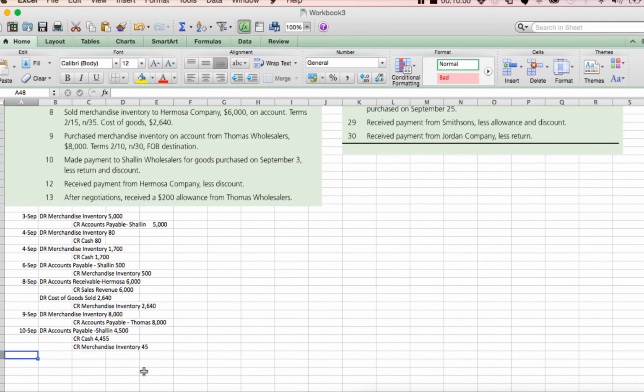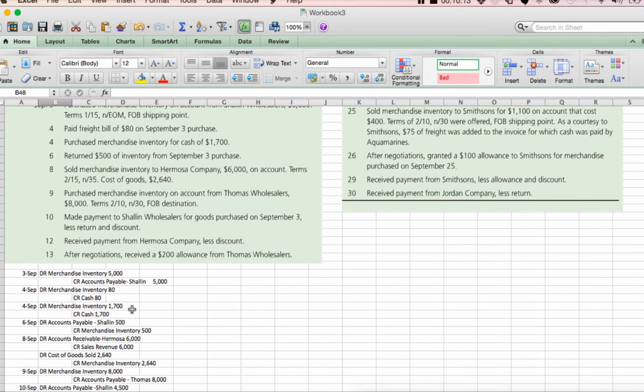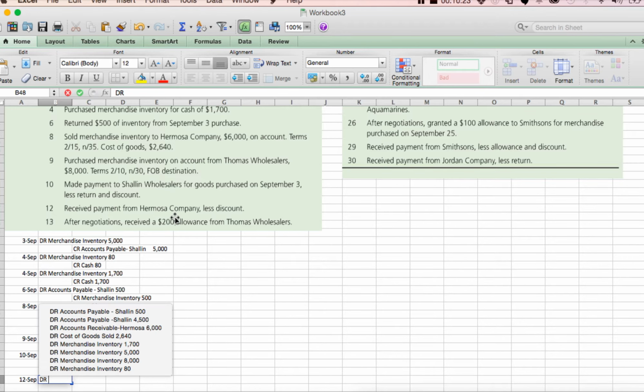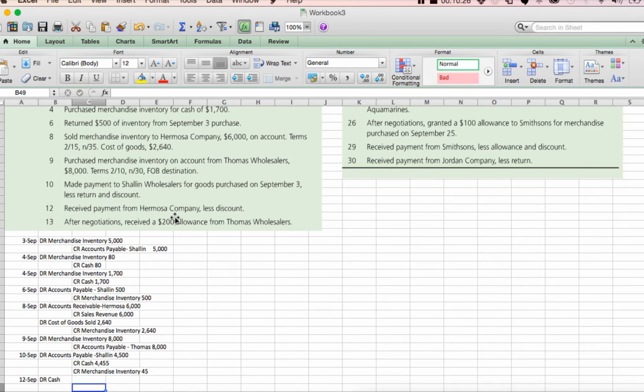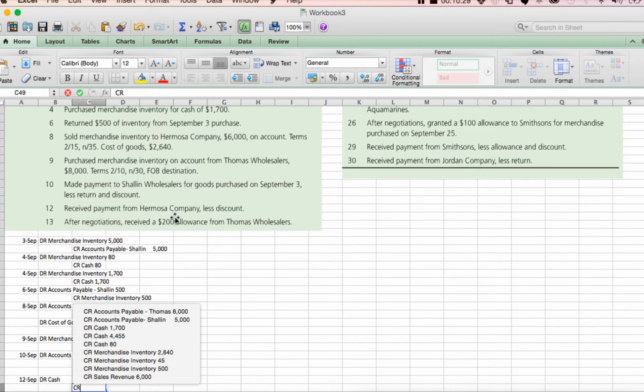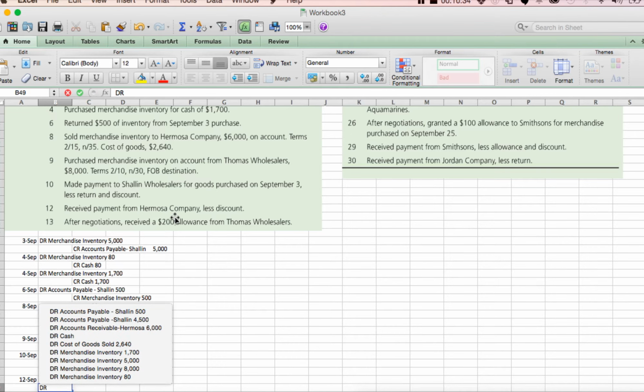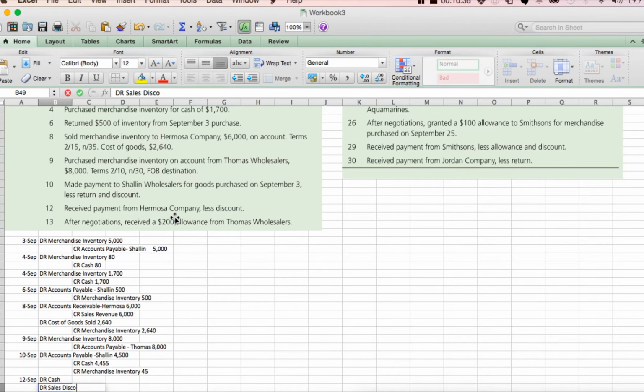So now let's look at September 12th. It says we received payment from Hermosa Company less discount. We sold to Hermosa Company and offered them a 2% discount. So we're going to receive cash. We're going to have a debit for sales discounts.